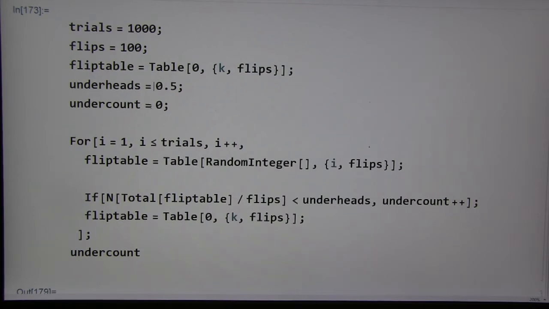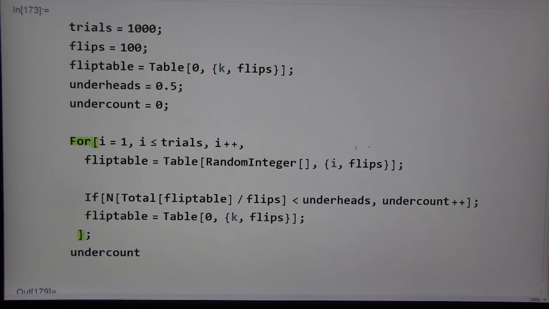Okay, so the way the program is right now, it's set up to count the number of times in our 1,000 trials we have under 50 heads. Undercount is set to 0 at first, but when the program detects a trial that has less than 50 heads, it increases by 1. Okay, great. And then we run a for loop.